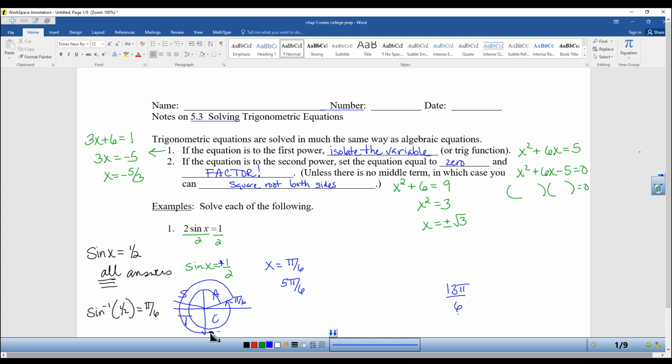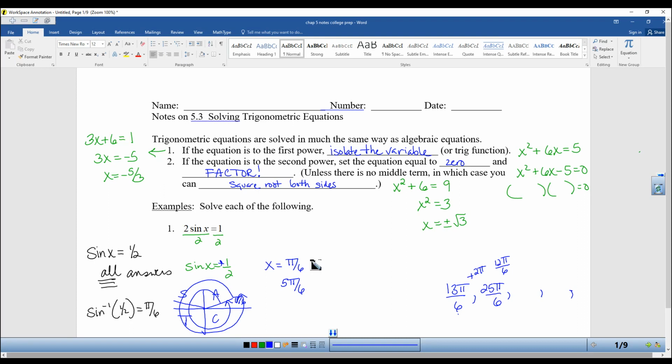They could go around the circle again and still land at pi/6. So if I add 2 pi, that's how I would go around the circle again. I'd be adding 12 pi/6. So that gives me 25 pi/6. How long could I do this? All day long. And I could even go around the circle backwards.